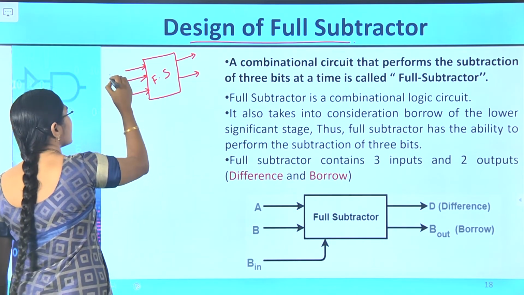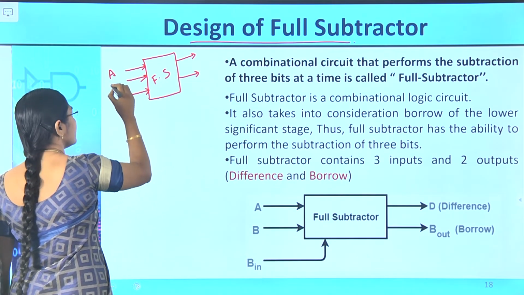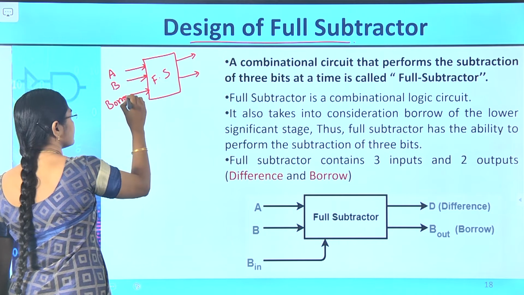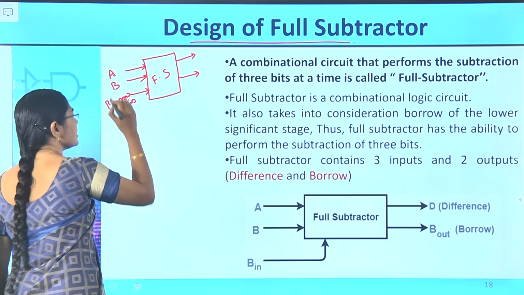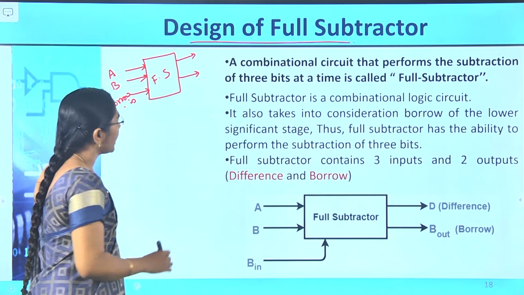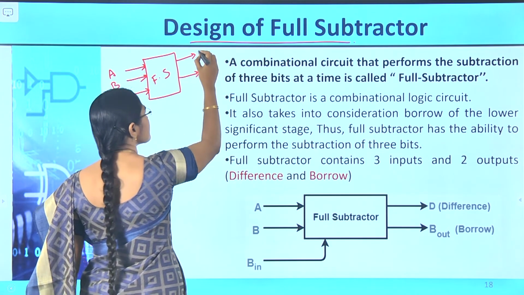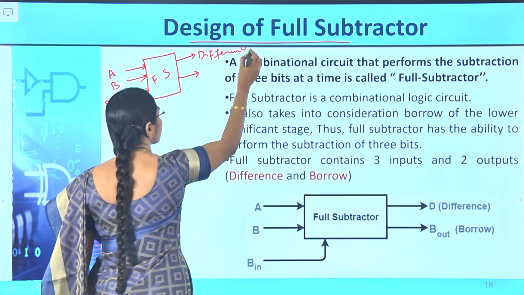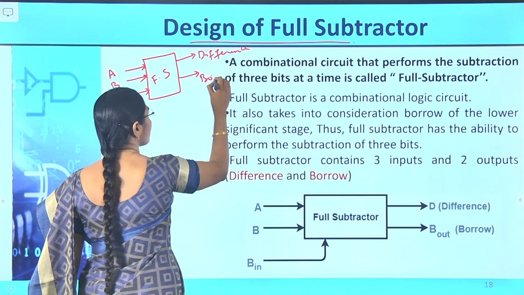The 3 inputs are minuend, subtrahend and previous borrow, which is represented here as borrow in, and it produces 2 outputs: one is difference and another one is borrow out.